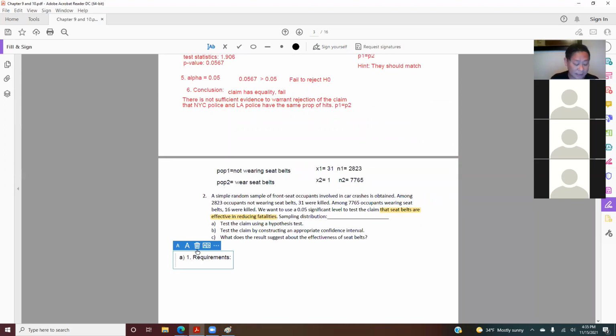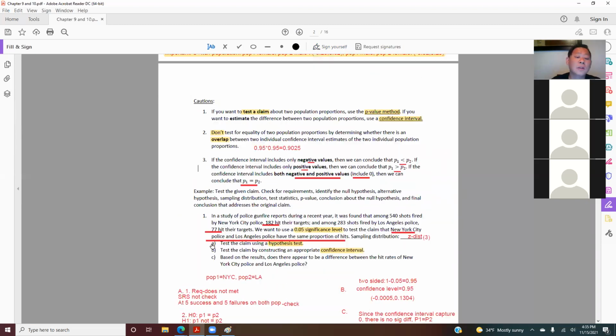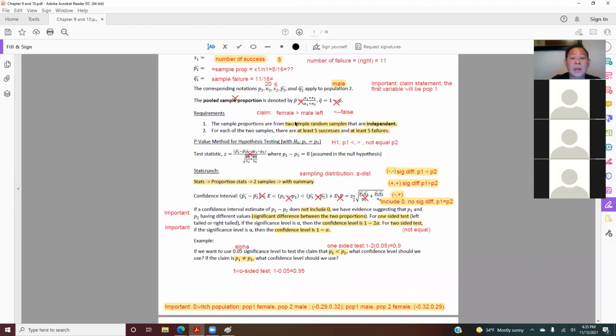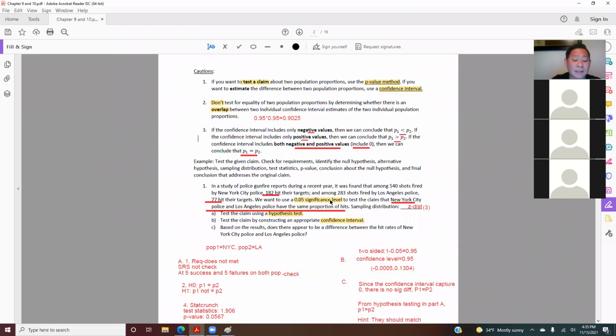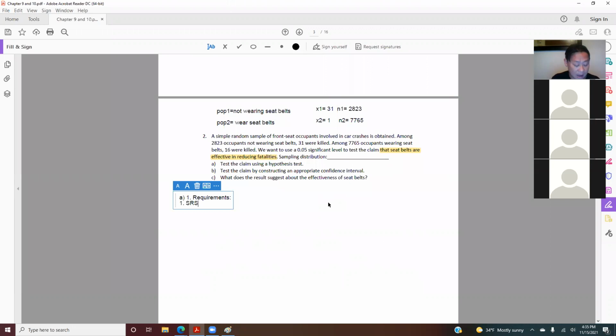The first requirement is that you need to have simple random samples. It has to be 2 simple random samples that are independent.